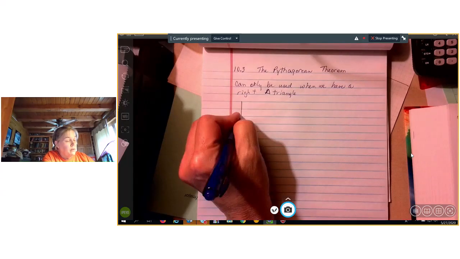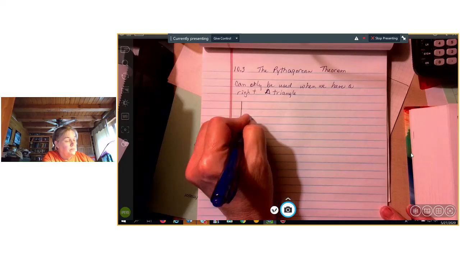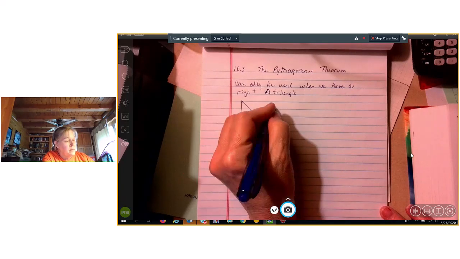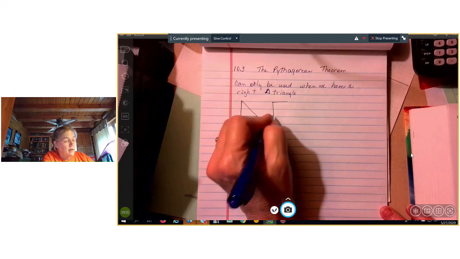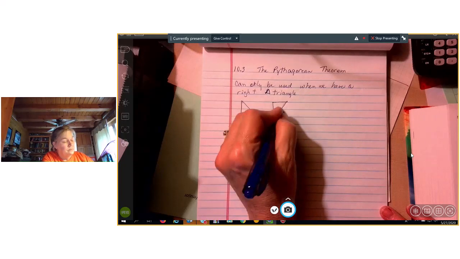And when we have a right triangle, it does not matter where that right angle is.